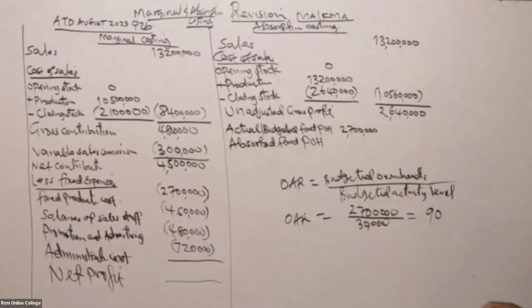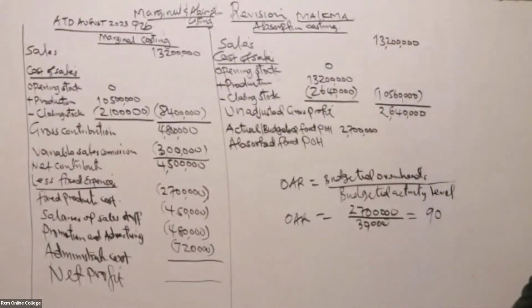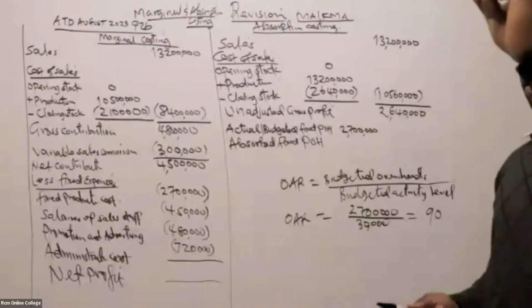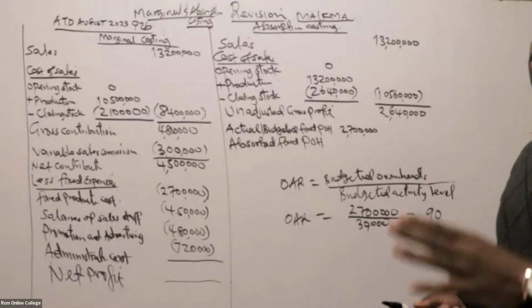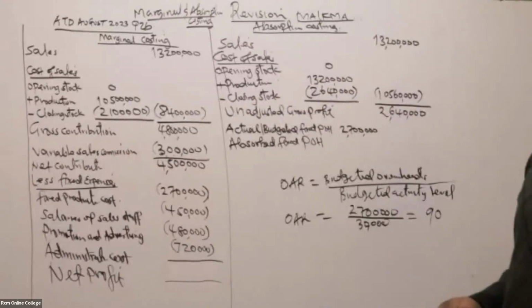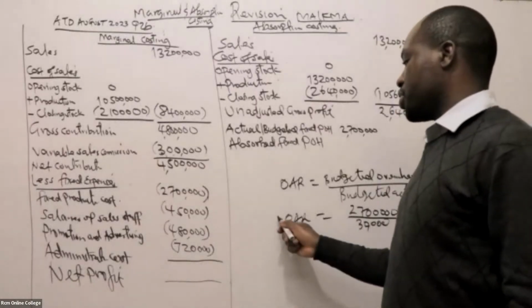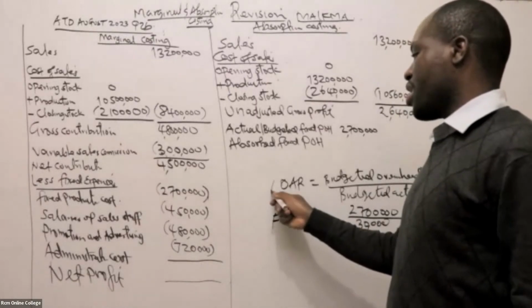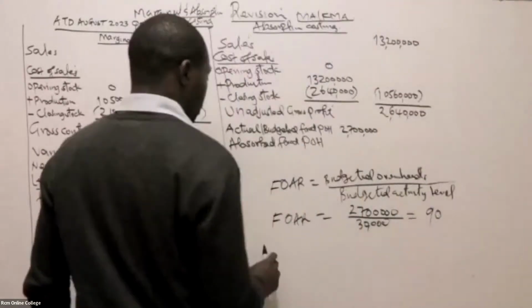Were you able to see that figure anywhere when you were getting cost per unit? It was the fixed production cost per unit. The budgeted fixed production cost per unit is what we call the fixed overhead absorption rate.